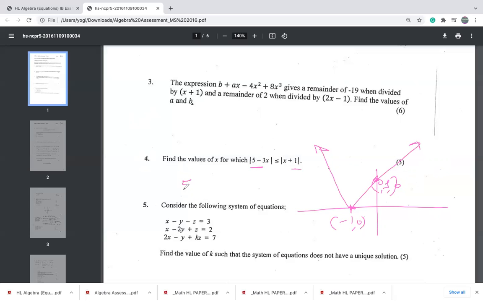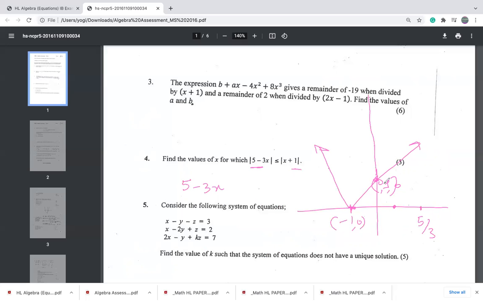When you're drawing 5 minus 3x, first you draw the line 5 minus 3x. It cuts the x-axis at 5 by 3, so 5 by 3 somewhere here. And after that, it cuts the y-axis at 5, somewhere up here.